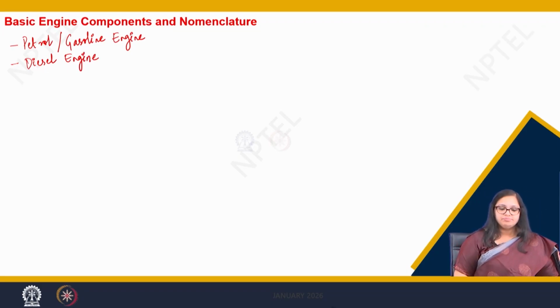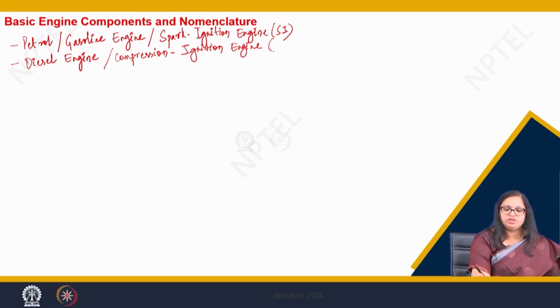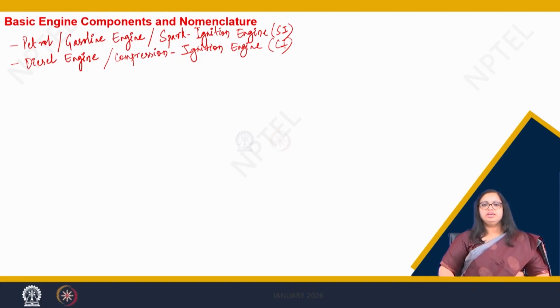The petrol engine or gasoline engine is also called the spark ignition engine, which we also call the SI engine, and the diesel engine is called the compression ignition engine, which we call the CI engine.